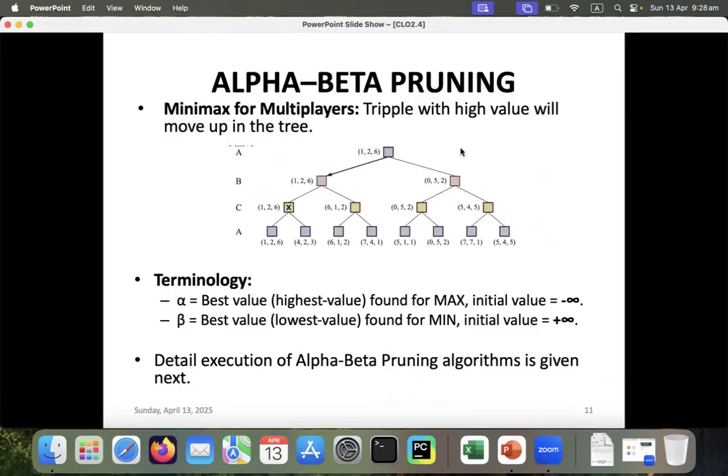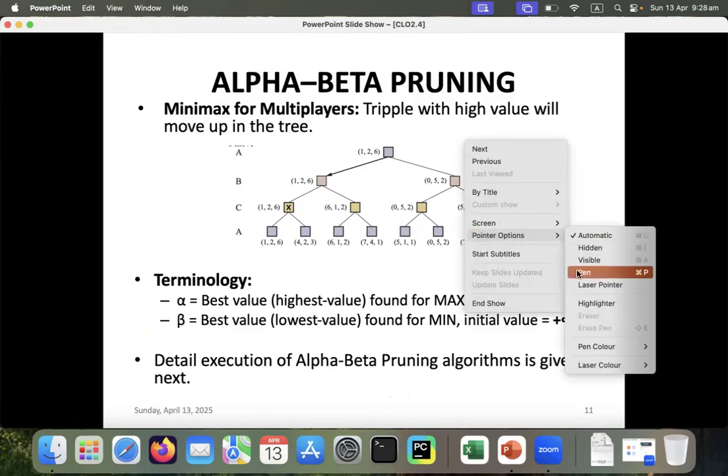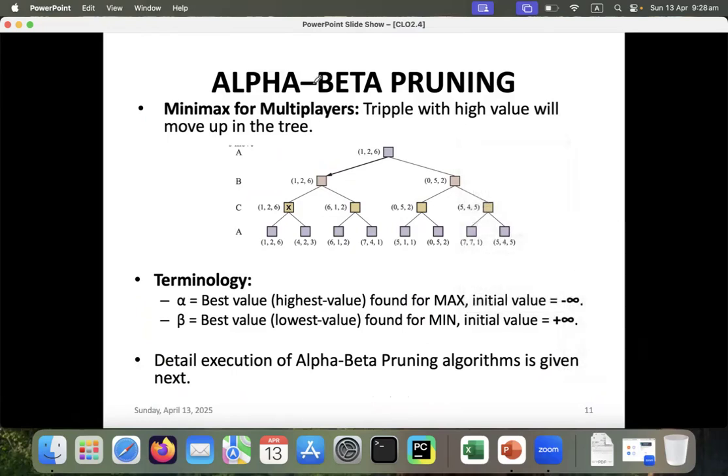Okay, take this also, because this is not a big thing. It's a similar thing. Here we are saying that you can apply this minimax algorithm for multiplayers. You can apply this minimax algorithm, or the coming alpha beta pruning algorithm, for more than 2 players.